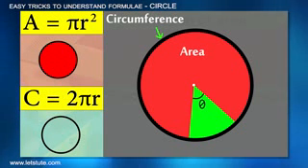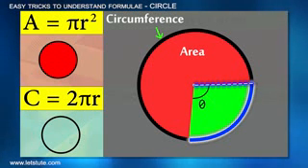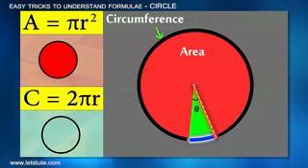Now, the area or the circumference that we need to find solely depends on this angle. How? Now, if we increase the angle, the area and the length of the circumference covered by it also increases. And if we reduce the angle, then we can see that the area and the circumference have also reduced.